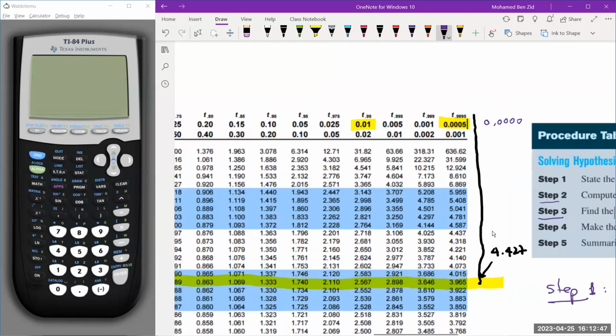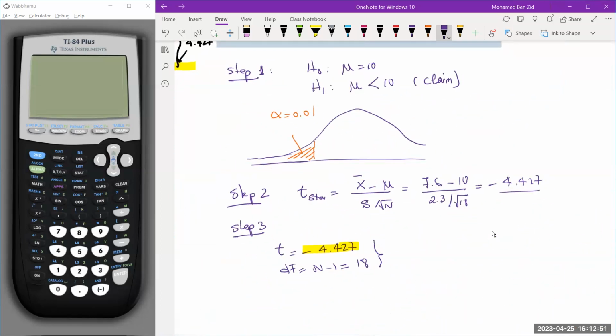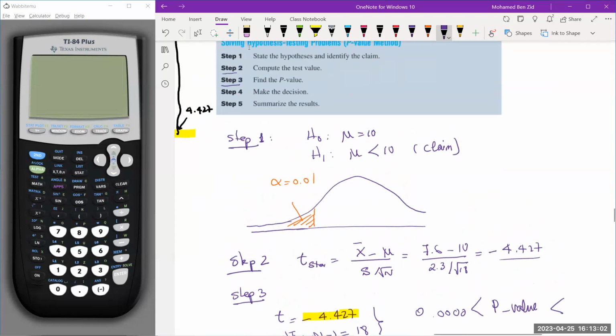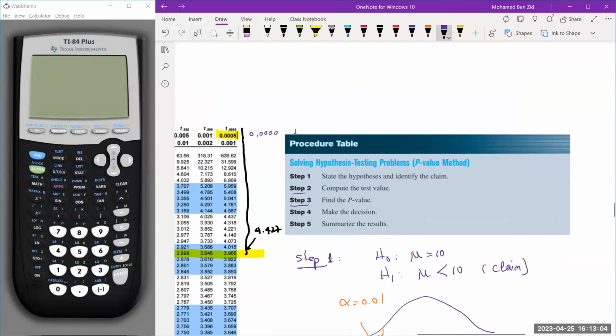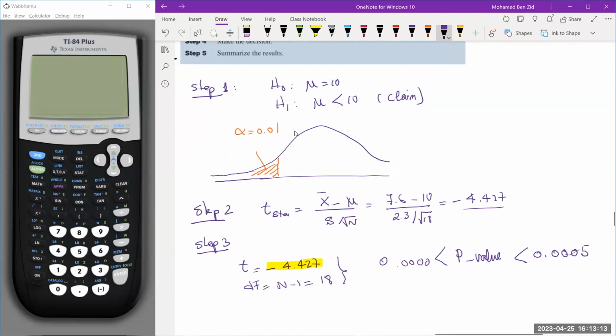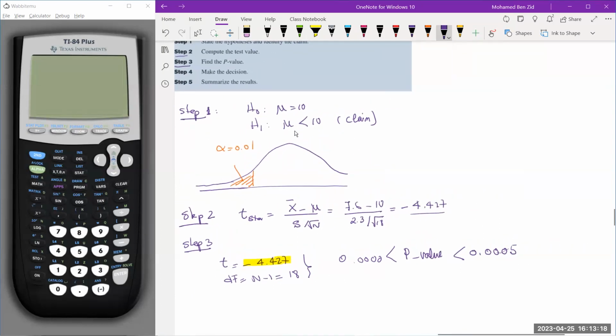So your p-value that you're looking for can be between 0.0000 and the other one is, I think, 0.0005.